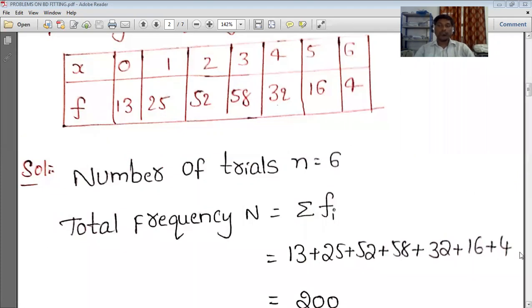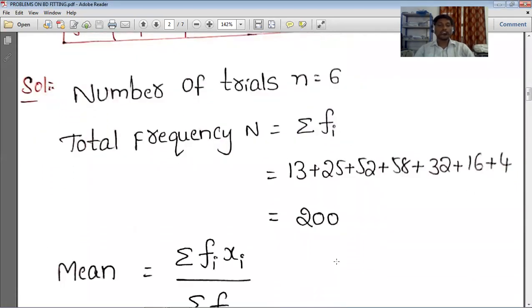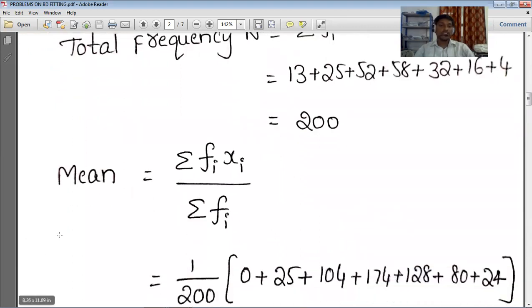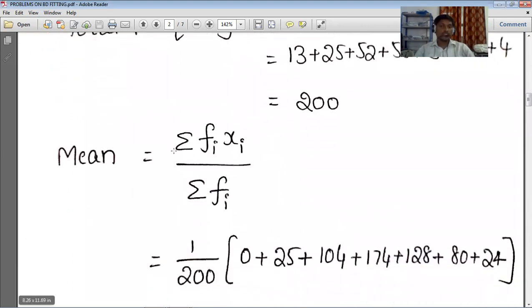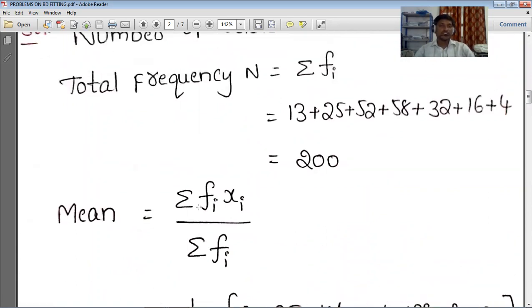Now we require p and q. The actual mean is summation fi xi by summation fi, so 1 by 200 into summation fi xi.